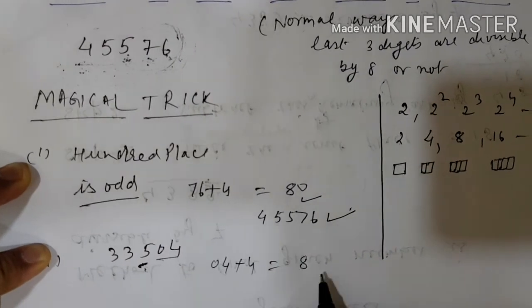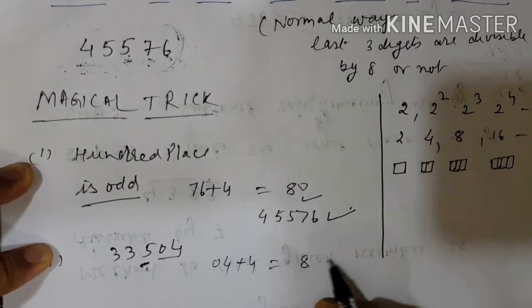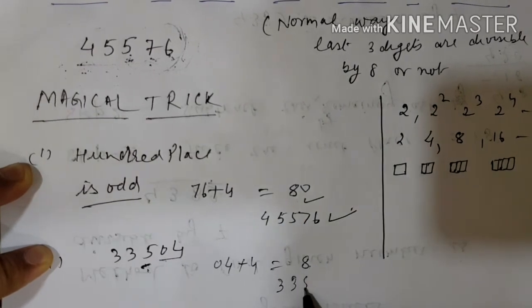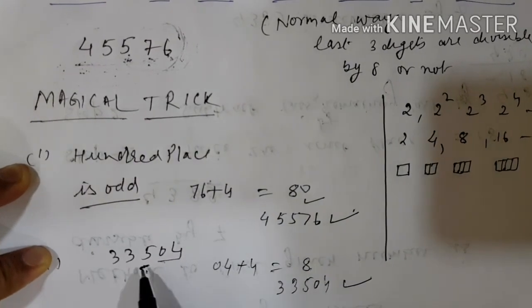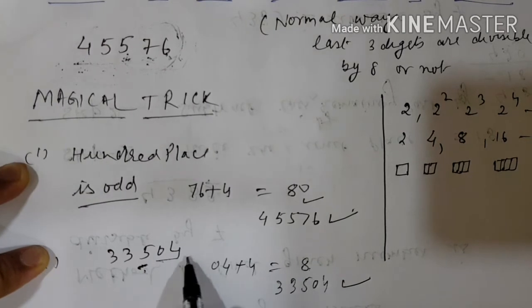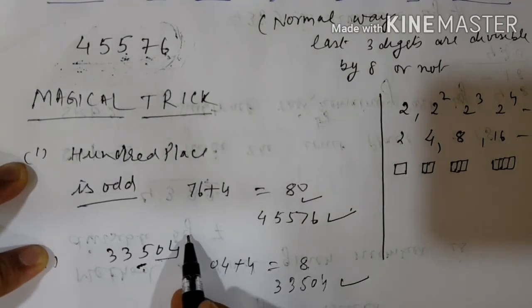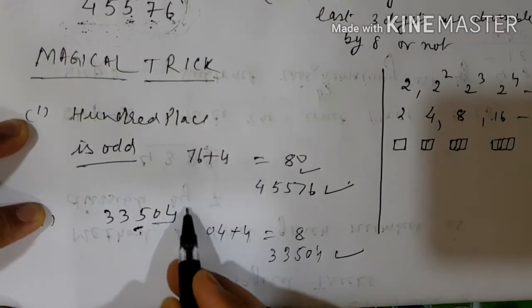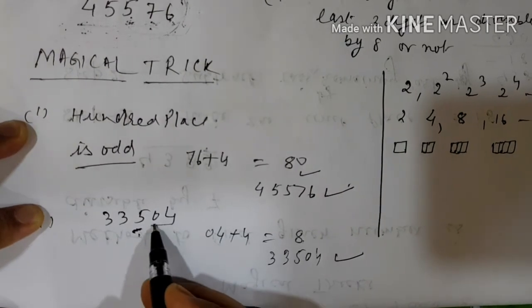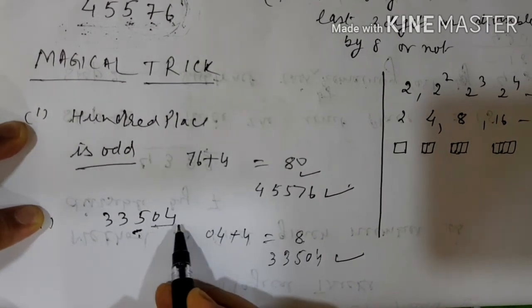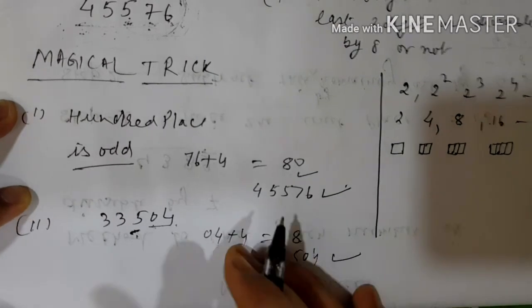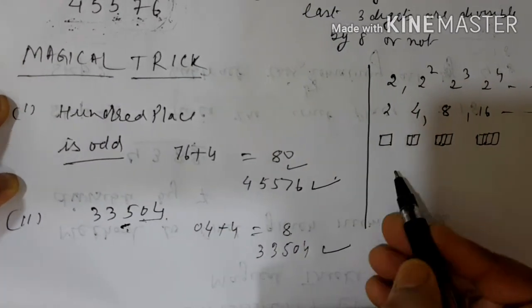What comes? 8. Is 8 divisible by 8? Yes, 8 ones are 8. It means 33504 will be divisible by 8. You can cross-check it by long division. What is the long division method? You have to divide the last 3 digits by 8. 8 6s are 48, 8 3s are 24. Clear? But now you do it by the magical trick.